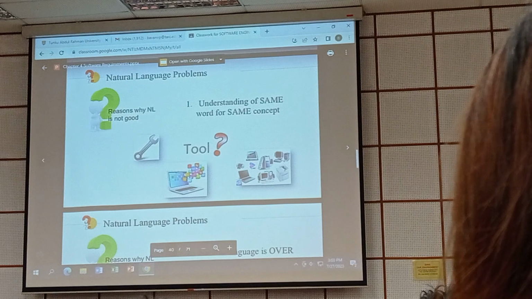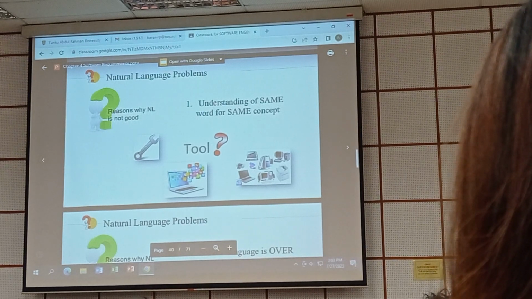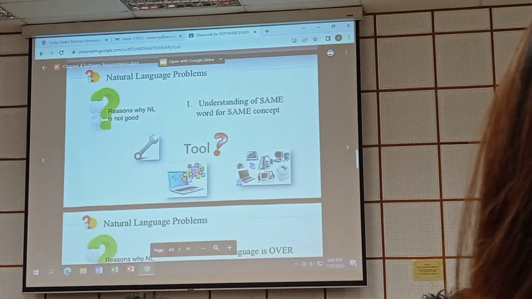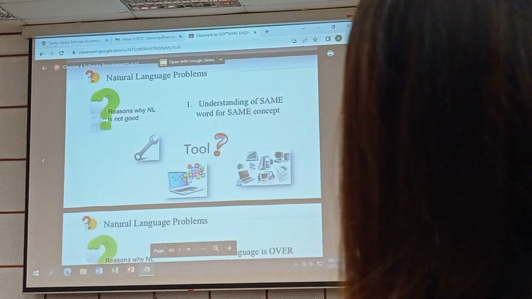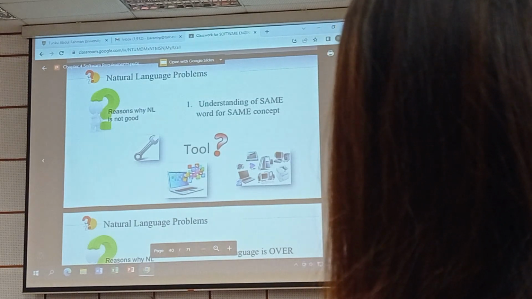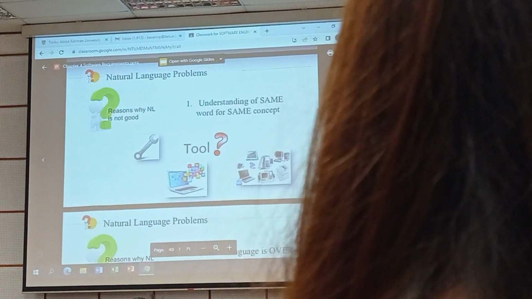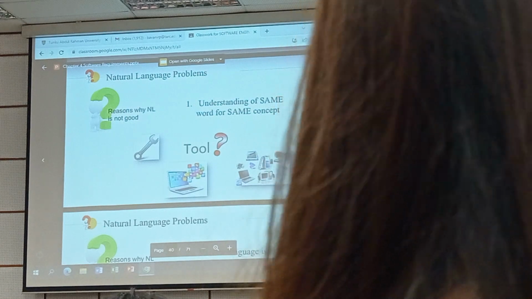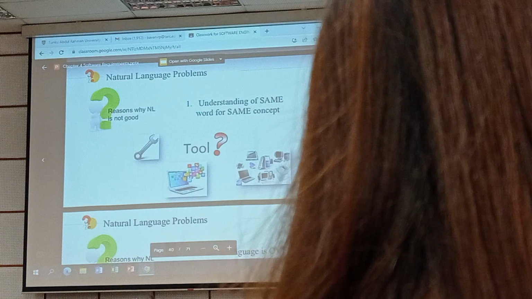Saw, bird, bat. Saw bat. Okay, if I ask what saw bat means, what do you understand?